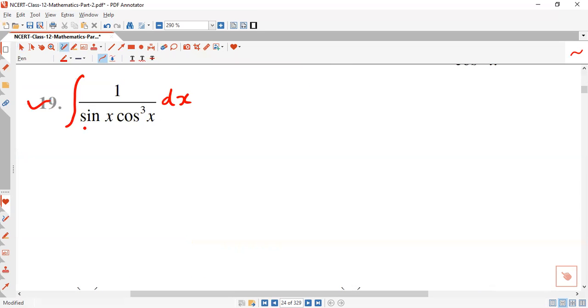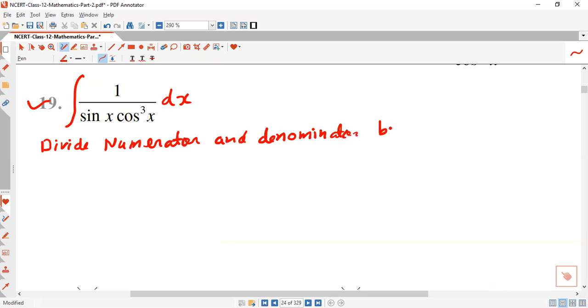So we make this tan x basically, so we divide the numerator and denominator by cos 4x. What are we getting after doing this?